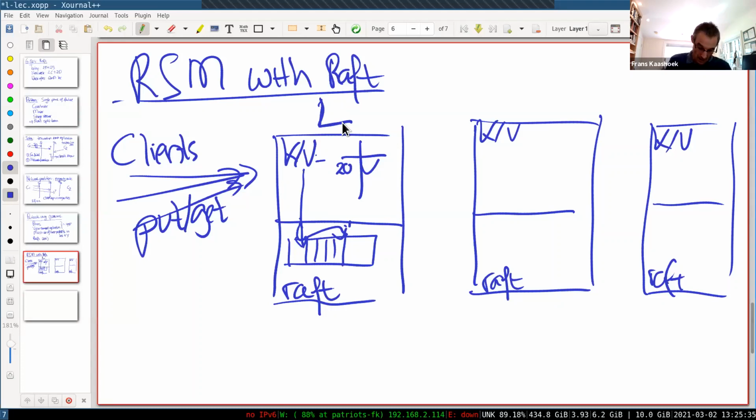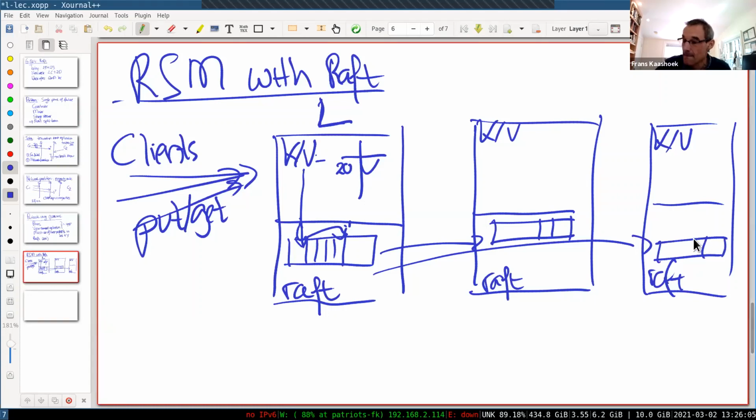And then what happens next is that the client talks to the leader KV server. The KV server appends a log entry to the Raft log of the leader, and then communicates with the other Raft libraries, and those Raft libraries do exactly the same thing. They append the operation to their logs, and send the response back to the leader.